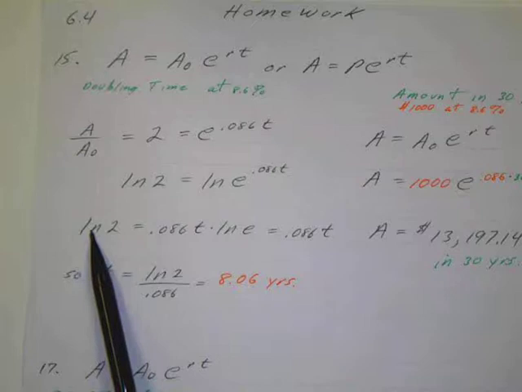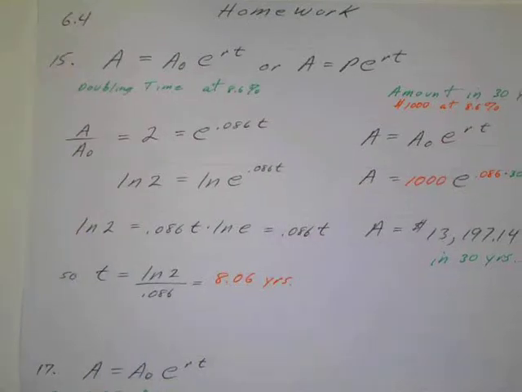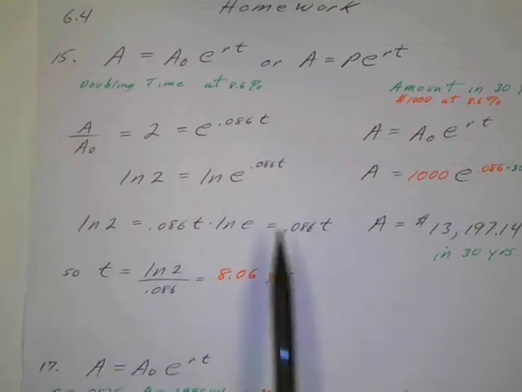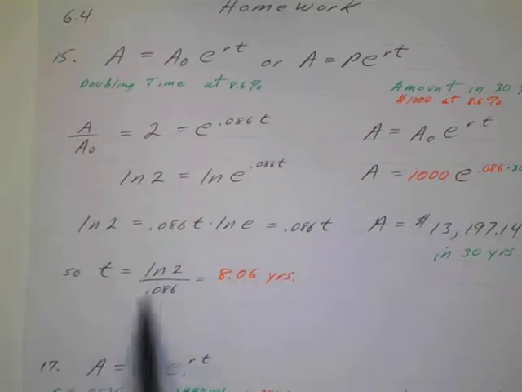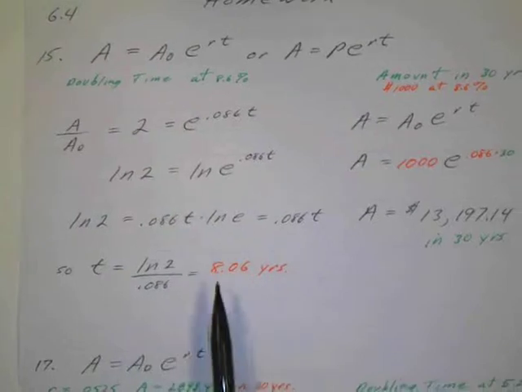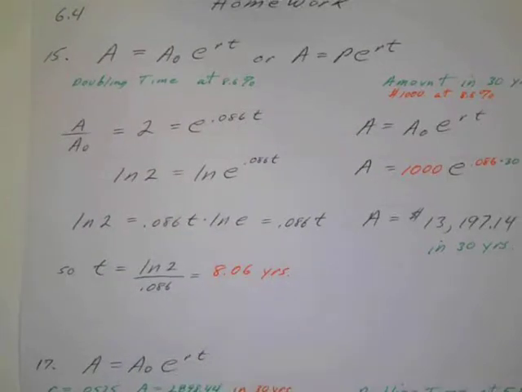So this natural log of 2 equals 0.086t. And then if I want to solve for t, I just divide both sides. So t equals the natural log of 2 over 0.086. Then if you work that out in your calculator, natural log of 2 divided by 0.086 is 8.06 years.